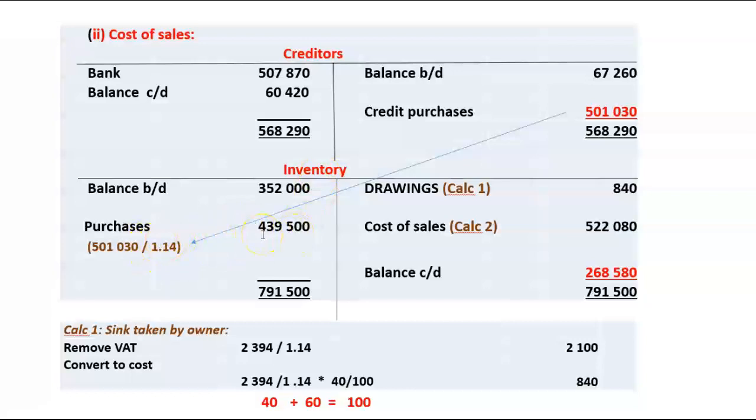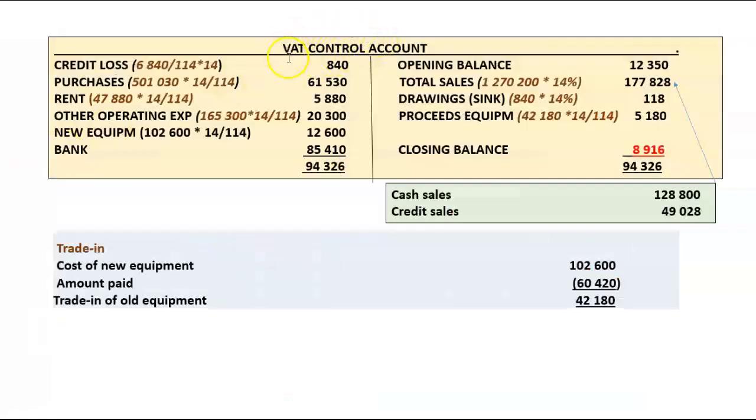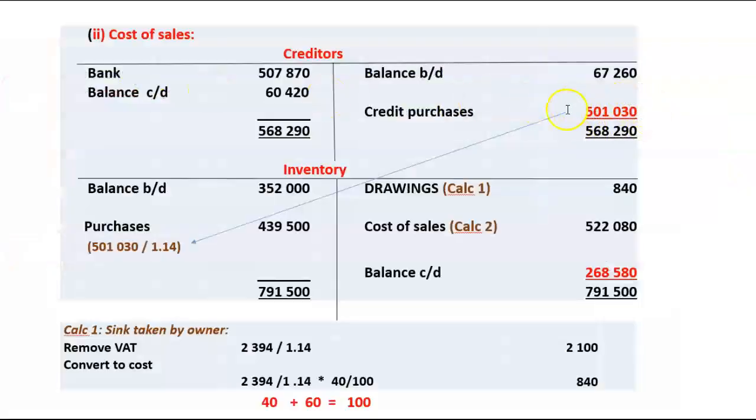So my accounting entry would have been: debit inventory with a VAT exclusive amount of 439,500, debit my VAT control account with the VAT on that purchase, which was 61,530, that is 501,030 times 14 divided by 114, and then credit our creditors with the full amount of 501,030. So only the VAT exclusive amount could have been posted here.